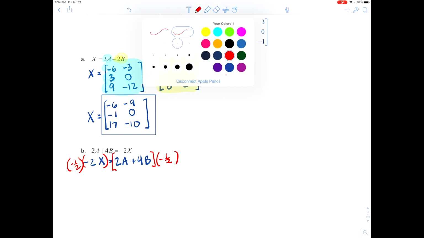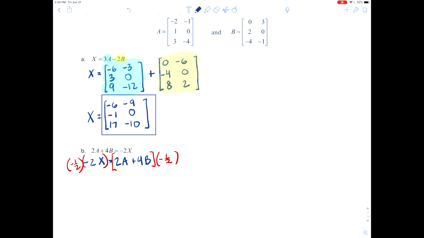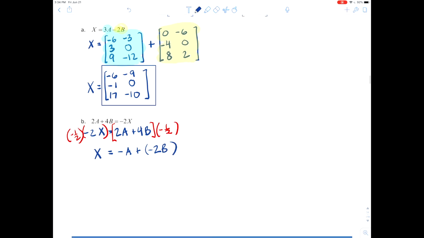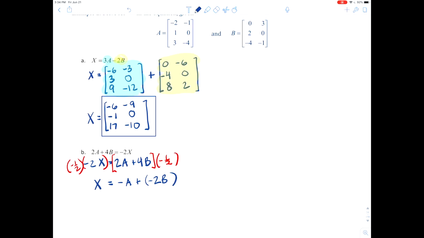So then I'll have 1 times X, which is X, on the left side, equal to -A plus -2B. Groovy?